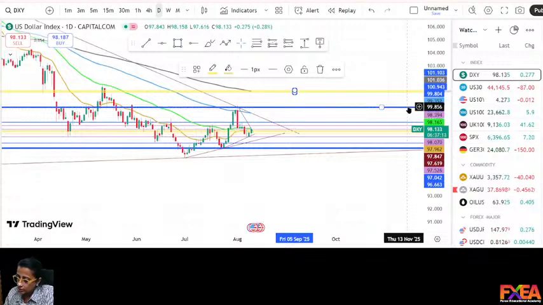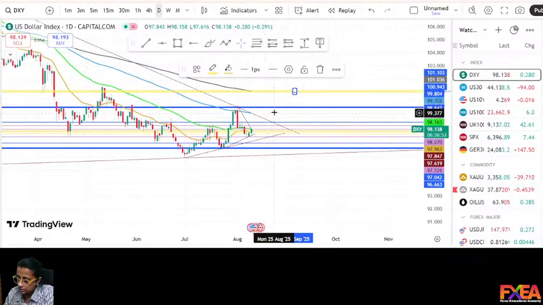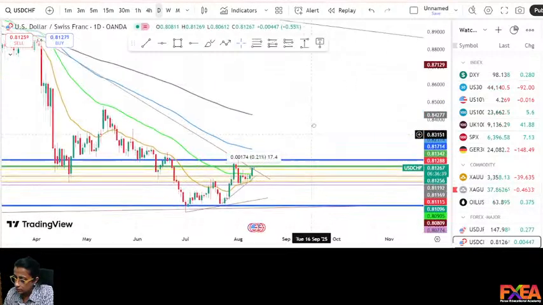This level is 99.856, and to reach 101.007, by the time the market reaches this level, the daily papa can come down to this level as well. So there can be a rejection at the resistance and it can come down, that can also happen. So fingers crossed. Let's see what the situation is for USD CHF.